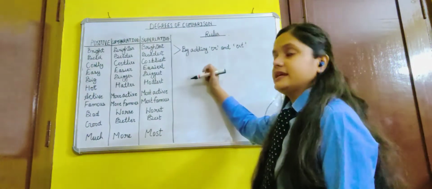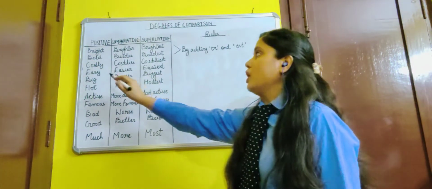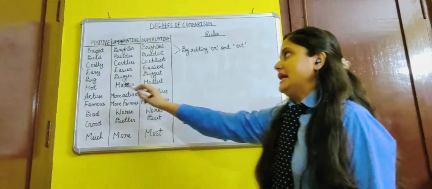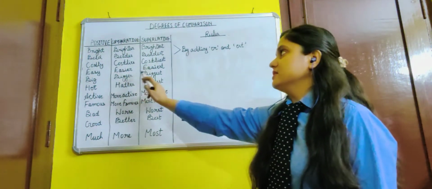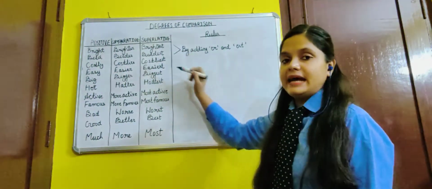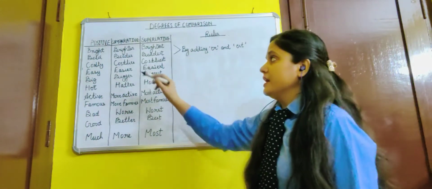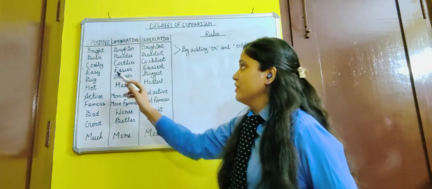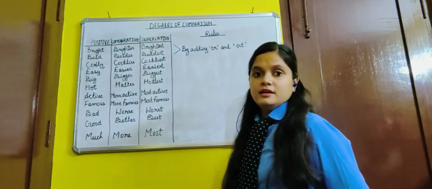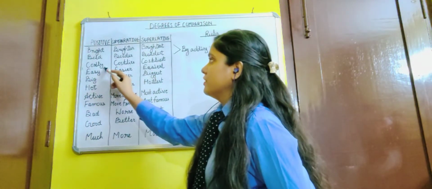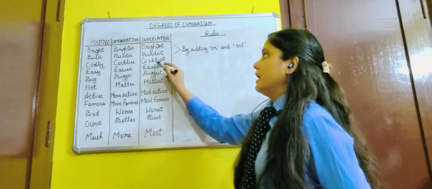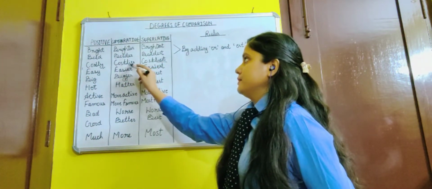Now, read the next examples. Costly, costlier, costliest. Easy, easier, easiest. There is a slight difference here. What we did was remove the Y and add IER or IEST.